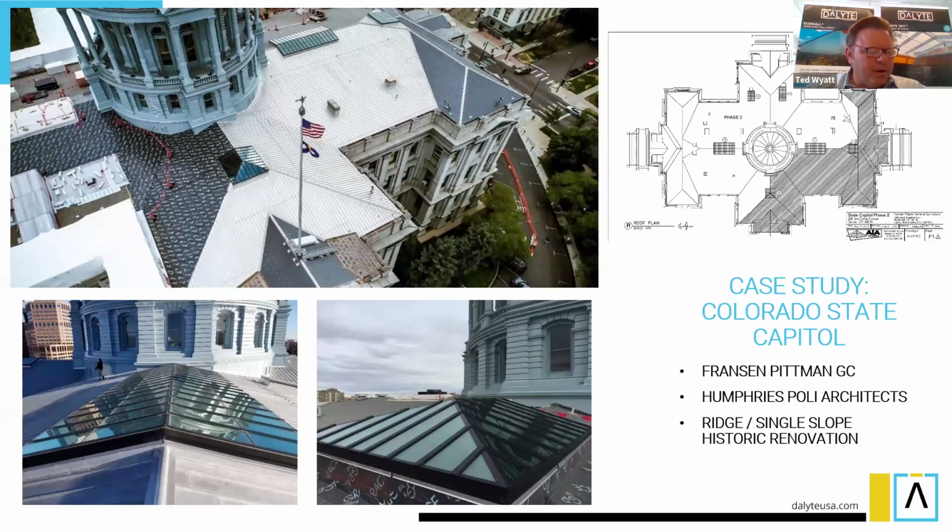Now I'm going to hit on a couple of case studies. This is our state capitol here in Denver. We replaced all the old existing steel-framed wire glass skylights with a new modern insulated aluminum structure.